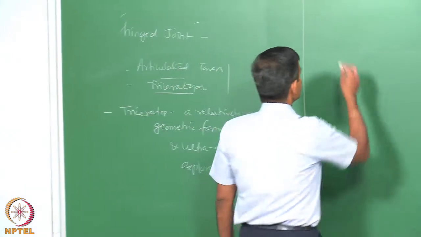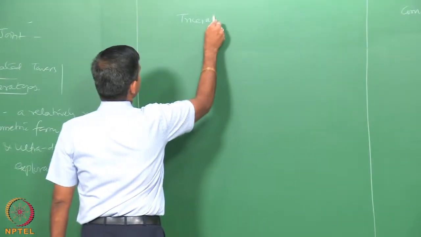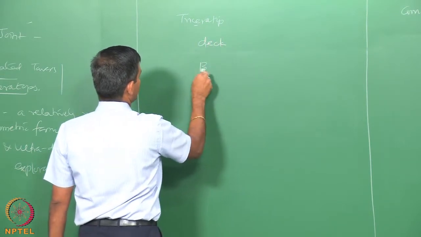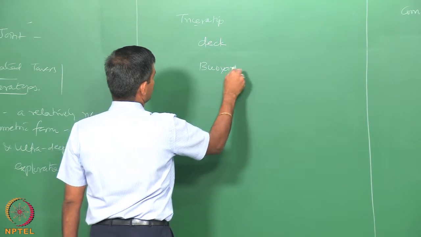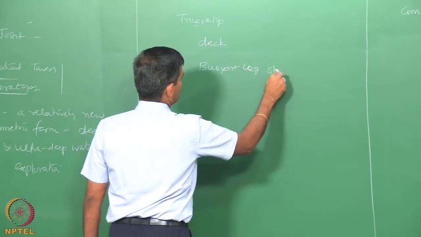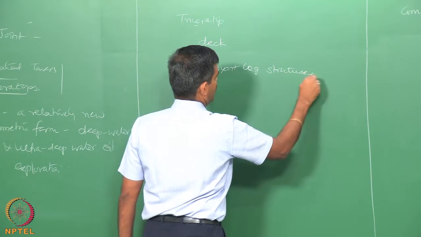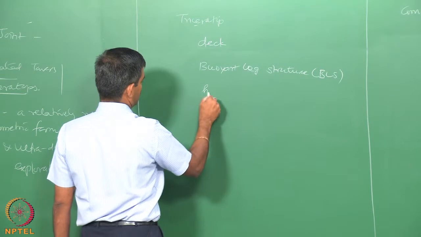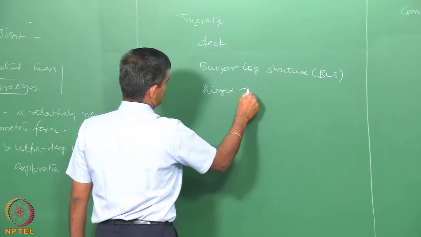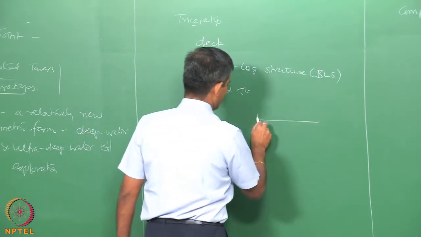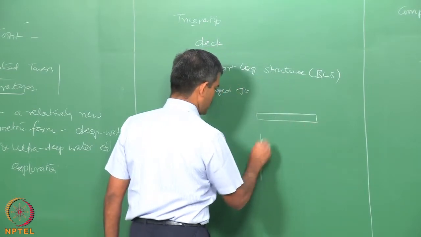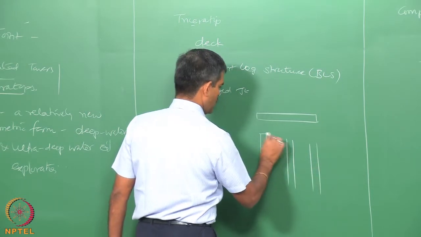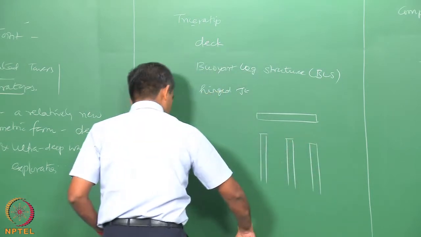So, one can see here that the triceratop consists of a deck, a buoyant leg structure, what we call the BLS, and of course, the hinged joint. So, I have a system: the top deck, and the BLS, maybe 3 in this case, which are now connected by a ball joint.